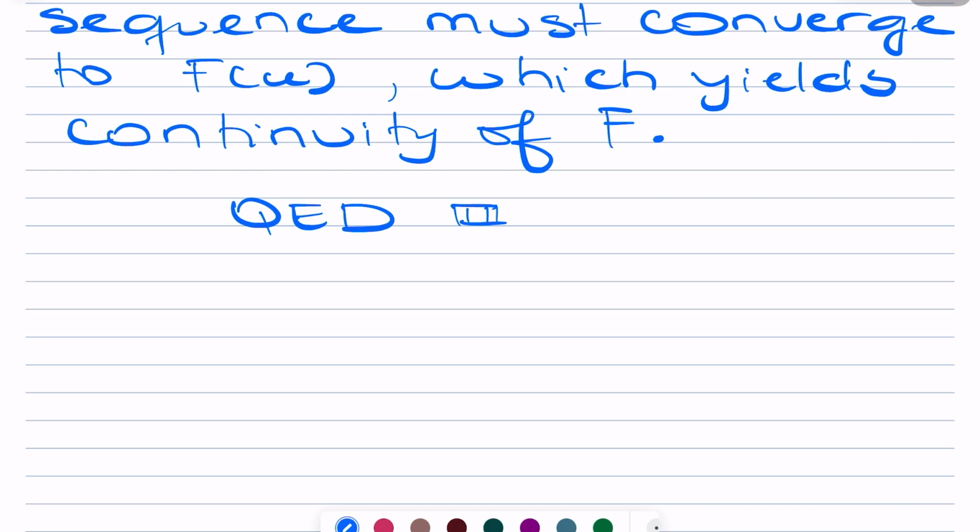So while continuity is a sure thing when you have a Caratheodory function, the differentiability of the superposition operator is a trickier proposition. In fact, let me write it here.